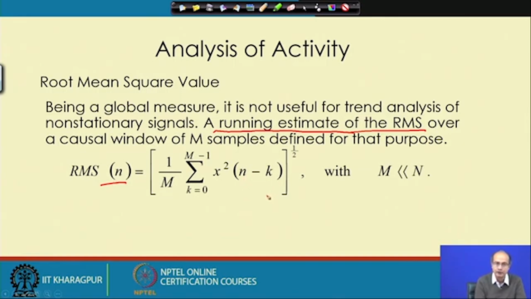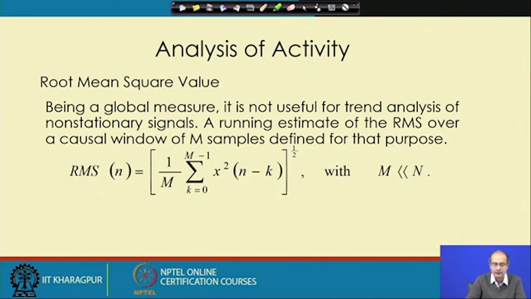So, we are taking a window of M samples starting from the instance n and looking backward, and we compute the RMS, where this M should be much smaller than the total number of samples. Then only we would be able to get the variation of the RMS value over that signal interval.